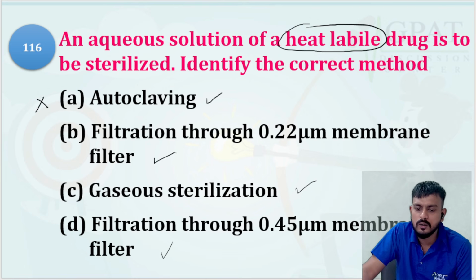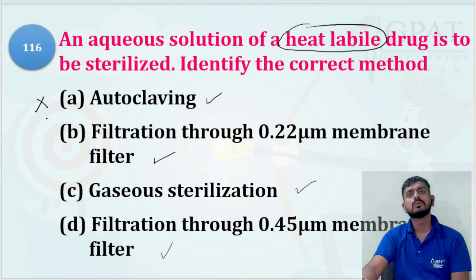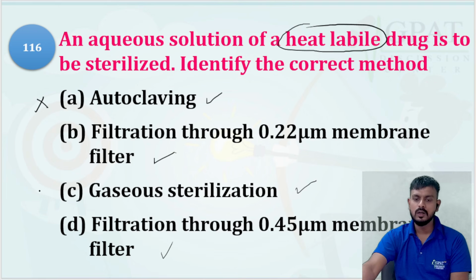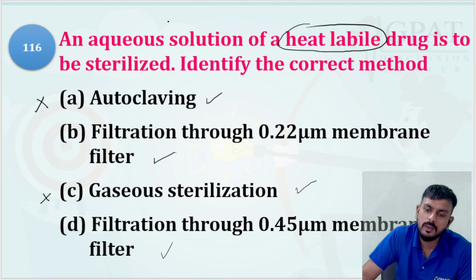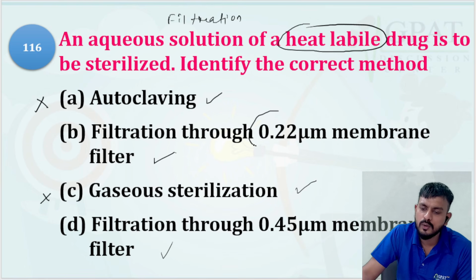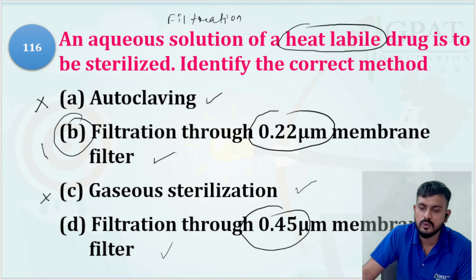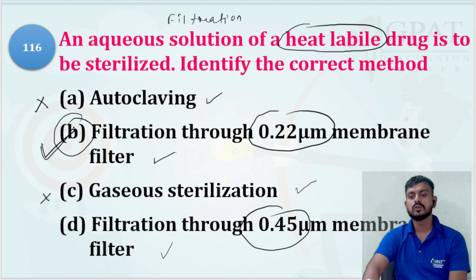Option A will not be the answer. Gaseous sterilization, no, because gaseous sterilization is used for plastic syringes and similar items. So it will be done by filtration. Now in filtration, you have two options, 0.22 micrometer or 0.45 micrometer. The correct answer is 0.22 micrometer, filtration through a 0.22 membrane filter.